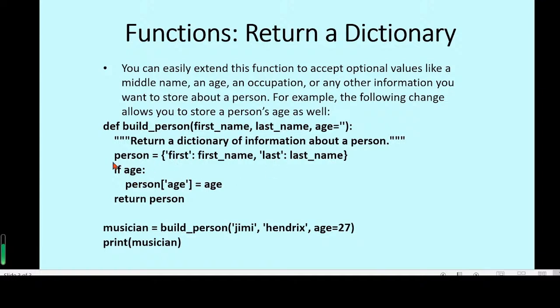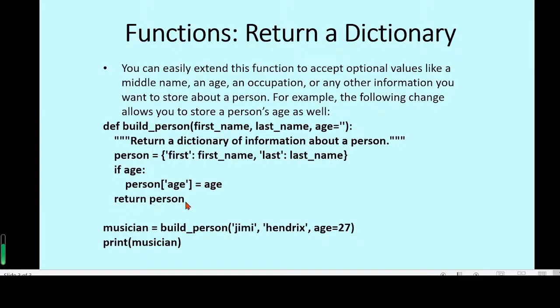Then we run an if test on age. So if age means if the user inputs an age when calling this function, then we create another key-value pair for this person's dictionary. The key is age and the value is the age the user input.